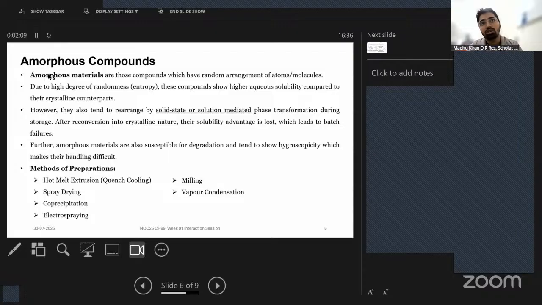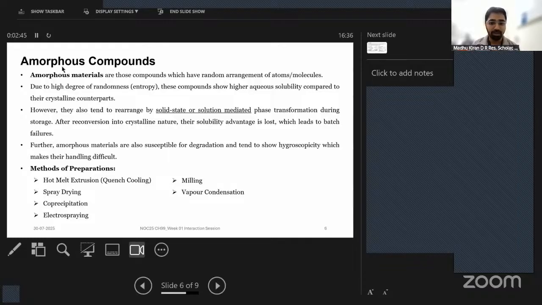And mostly, around 80 to 90% of the drugs in the market are currently in crystalline form, because they have very good stability and reproducibility, as well as good manufacturability. But in cases where the solubility is a must, and we can take the risk of the stability, and we have figured out a way to stabilize these amorphous compounds, then we can surely go for amorphous. But that is again very costly, and it needs specialized procedures to be followed.